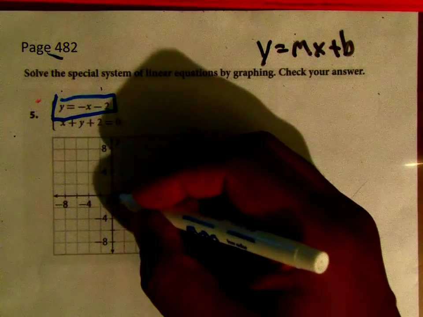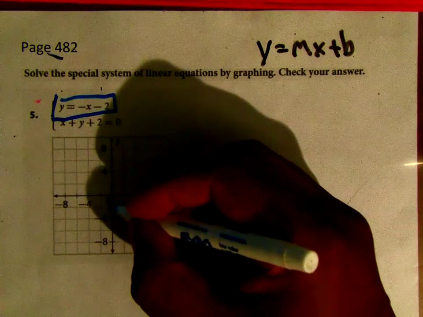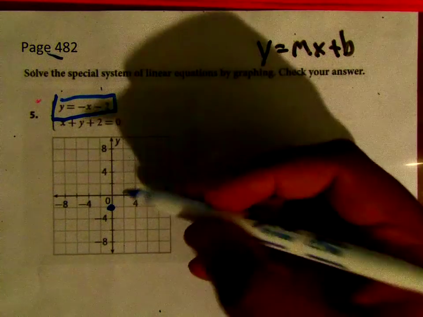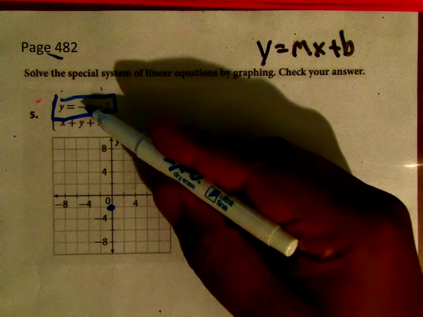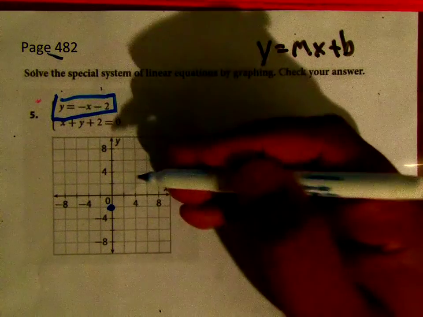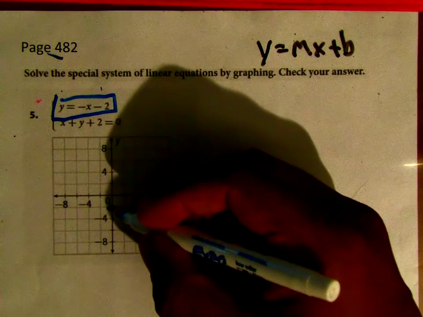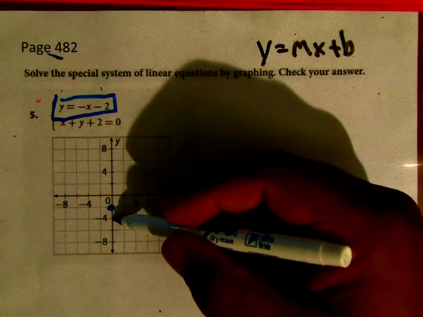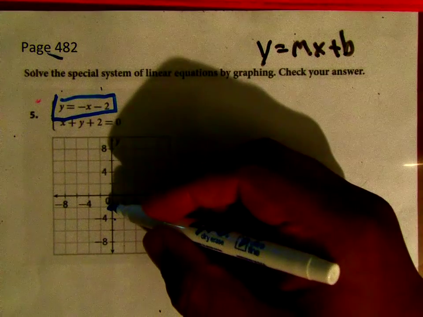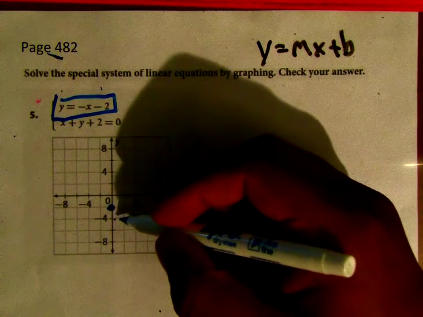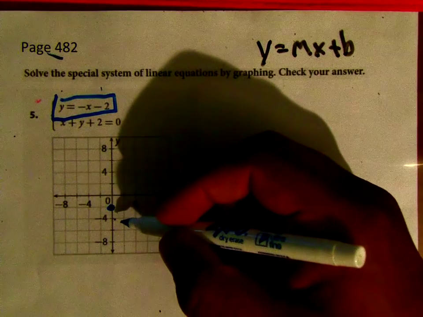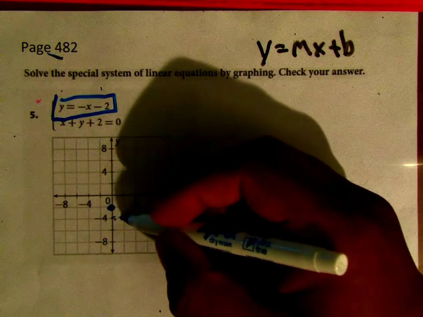I'm going to go ahead and go down to negative 2. And my slope is negative 1. So that means I go down 1 and over 1. And since the blocks are in 2s, I can actually go down 2 and to the right 2, because it still equals 1.